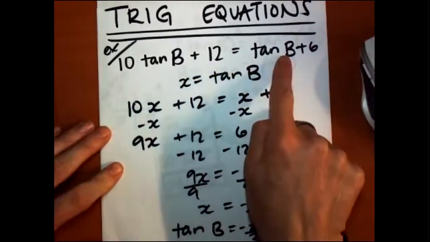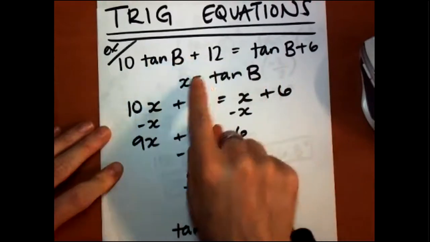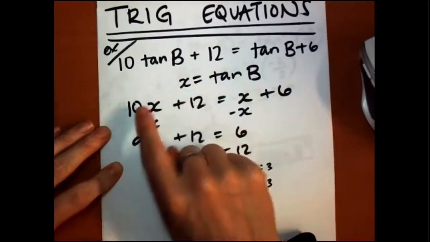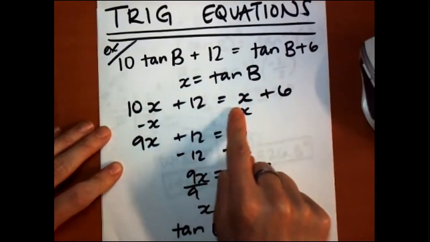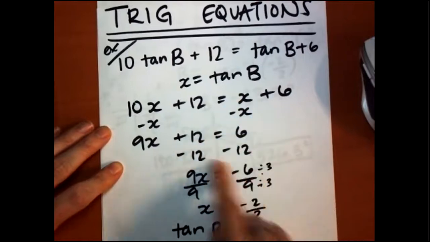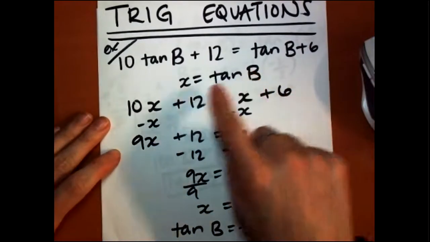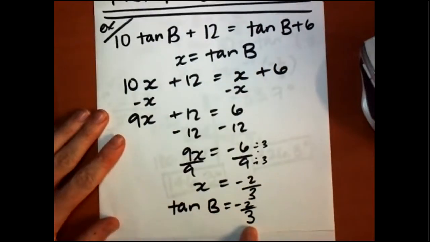We had an equation. We replaced the trig portion of it with an x. So we said, let's say that tangent of b equals x. And this equation became much simpler. It said 10x plus 12 equals x plus 6. Solved for x, and then replaced our x equaling tangent of b to get that tangent of b equaled -2/3. Right, that was our simplified ratio.